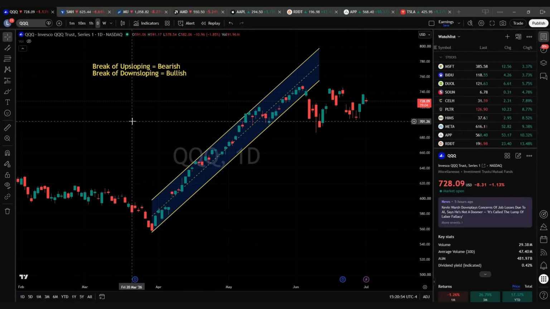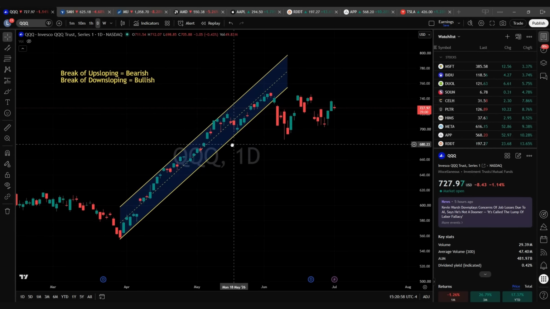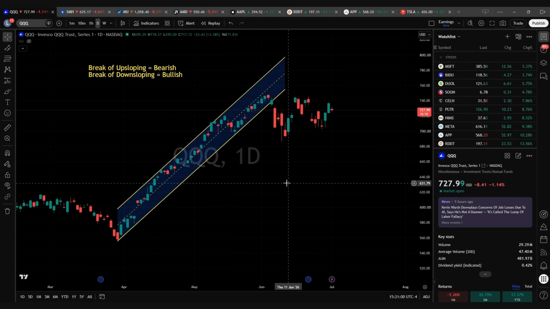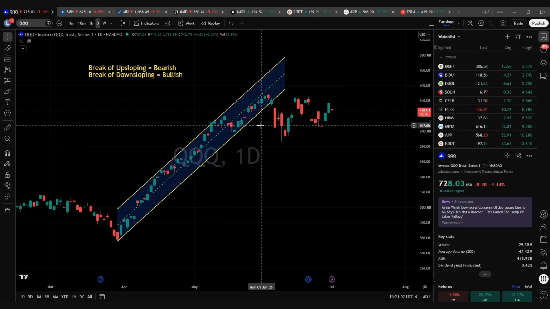And the best way that I can explain how to draw trend lines is it's kind of like a square and a rectangle. What is a square? It's where the sides and the top are equal in length. And a rectangle is where the sides are equal to each other and the top and bottom are equal to each other.